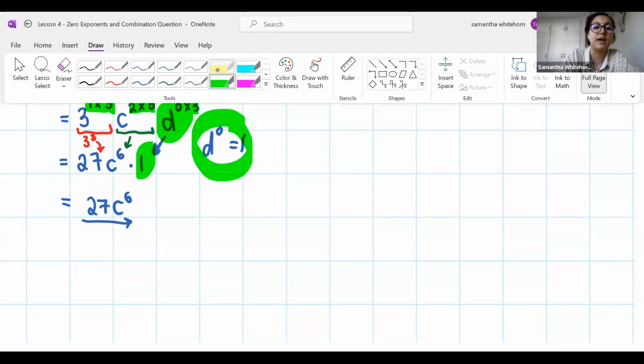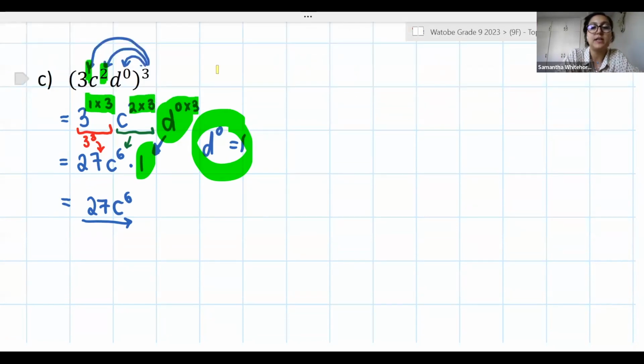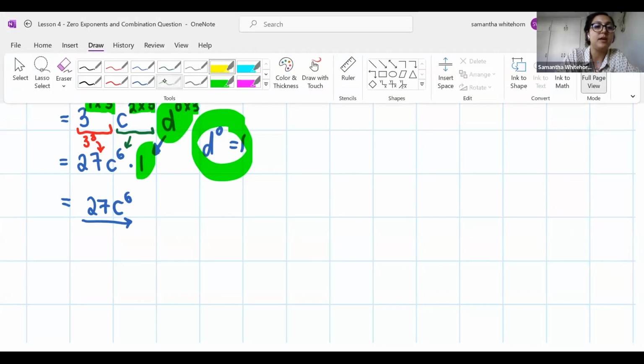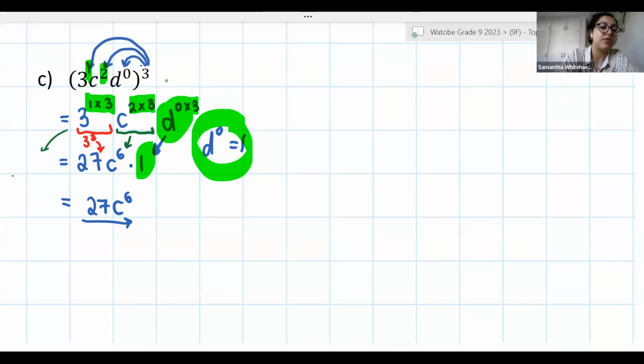And then we need to go and apply the rest. So the 27 is coming from me saying 3 to the power 1 times 3, which is 3 to the power 3. And you can do that on a calculator, but otherwise it's 3 times 3 times 3.